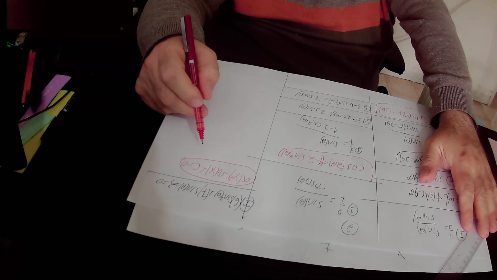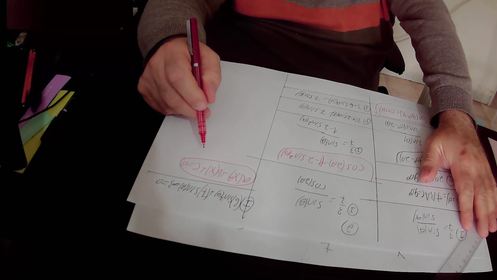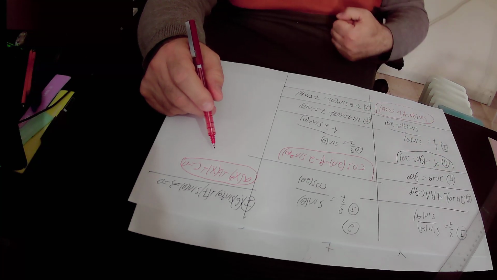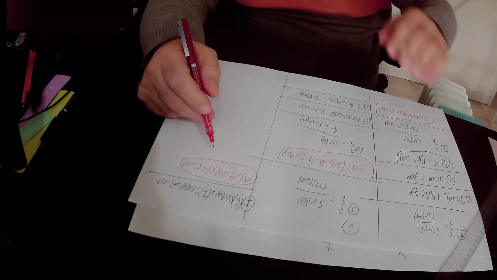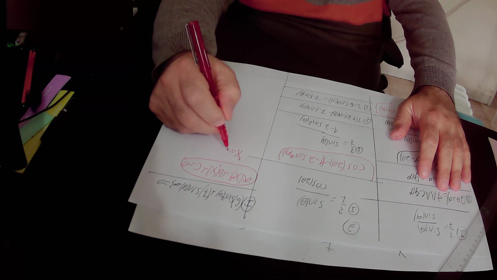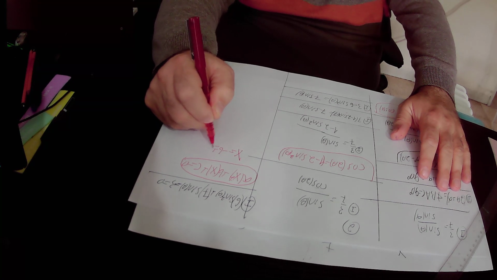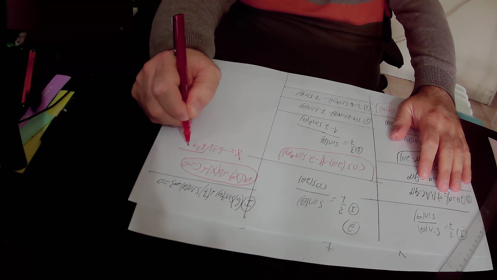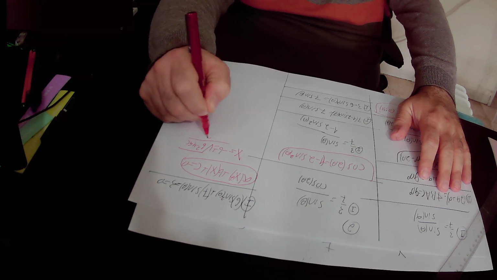Here a, b, and c are the coefficients of the quadratic equation, and x is the variable that we are looking for, and we will find the value of x according to a special formula. The special formula for x is x equals minus b plus minus square root of b squared minus 4 times a times c, over 2a.